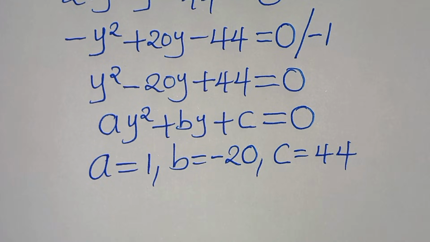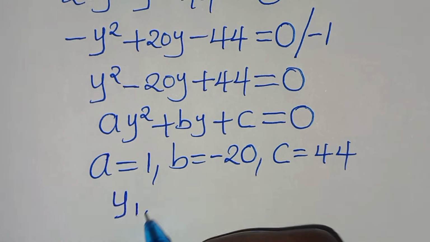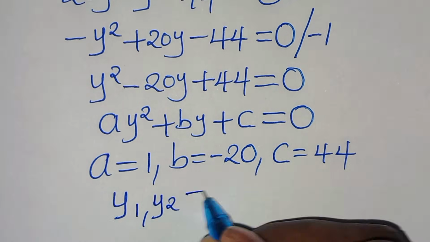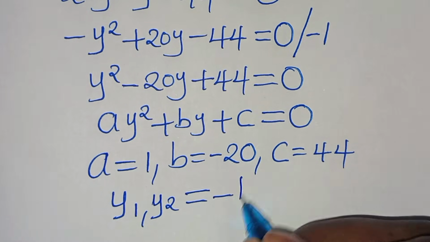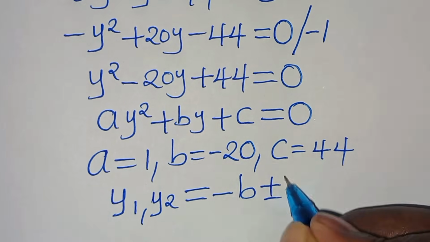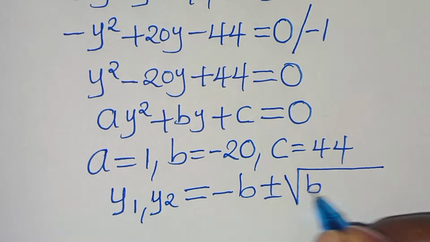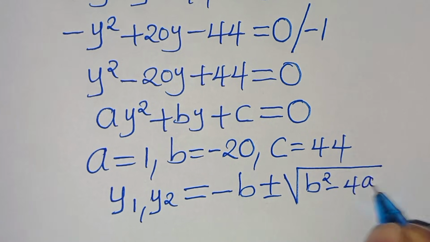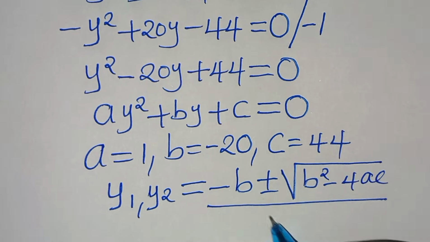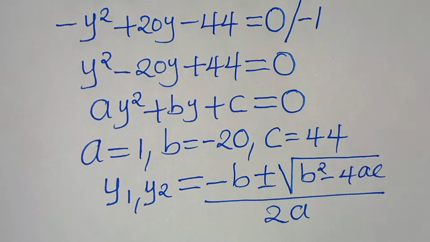So we can solve for y1, y2 by applying the quadratic formula, which is minus b plus or minus the square root of b squared minus 4ac, everything divided by 2 times a.